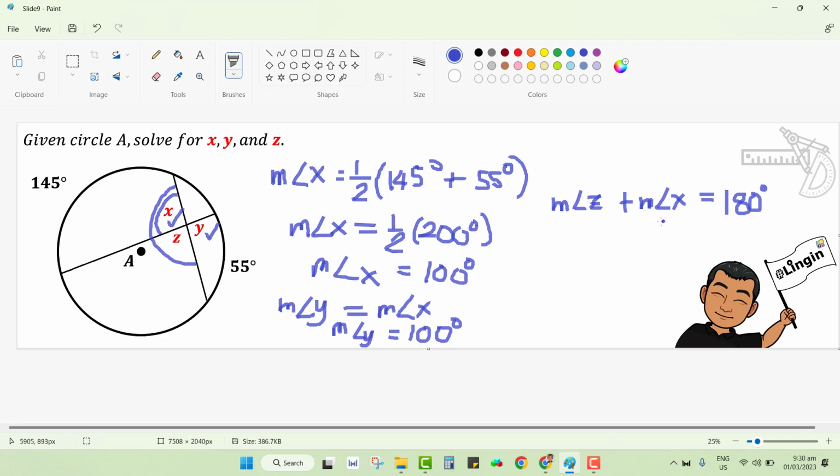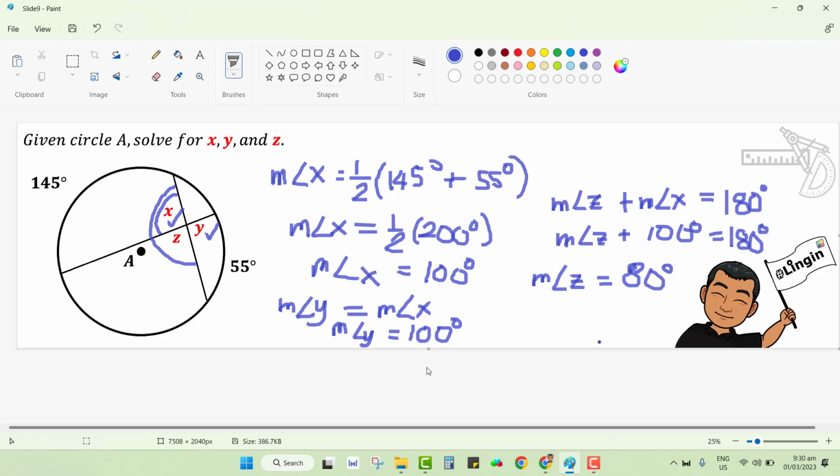Since we already have the measurement of angle X, angle Z plus 100 degrees is equal to 180 degrees. By the subtraction property of equality, the measurement of angle Z, using the linear pair postulate, is equal to 80 degrees.